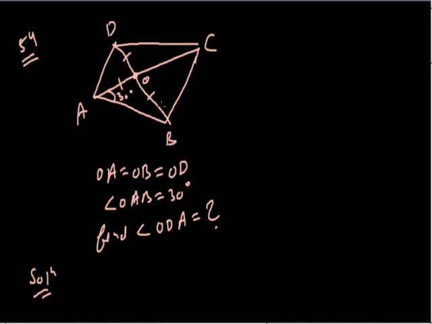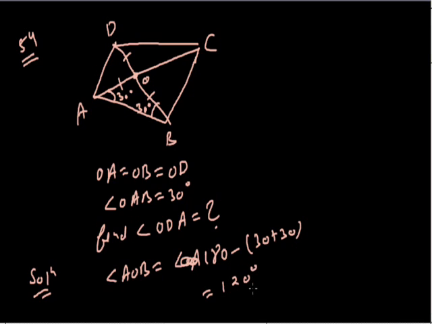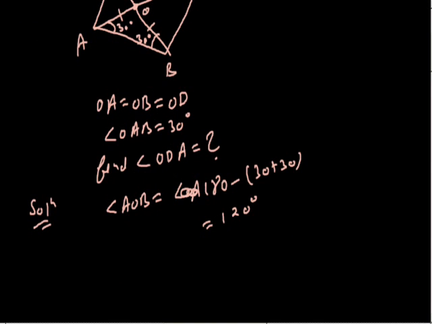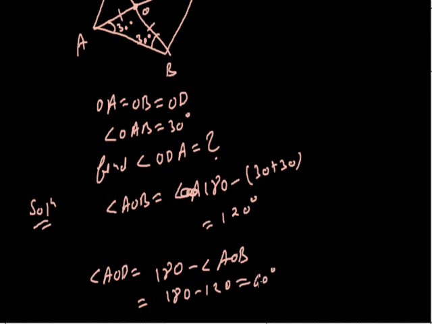So this angle should be 30 degrees. Now angle AOB, by applying the angle sum property, equals 180 minus (30 plus 30), which comes to 120 degrees. Now AOB and AOD are a linear pair, so angle AOD equals 180 minus angle AOB, so 180 minus 120, which comes to 60 degrees.